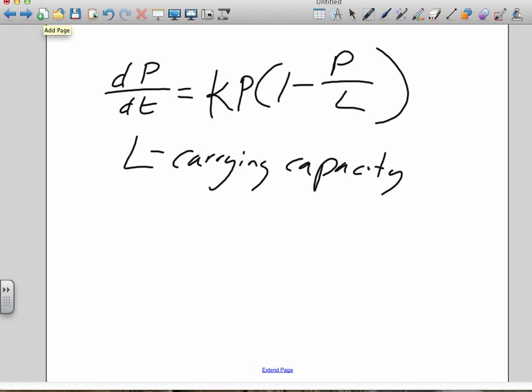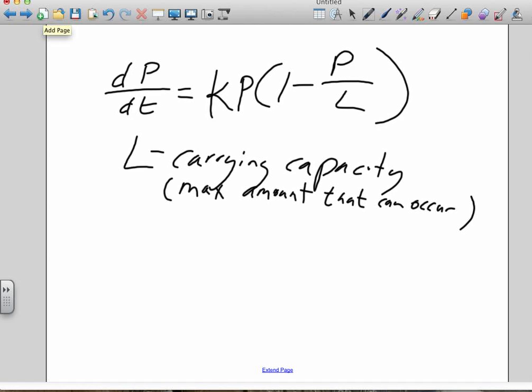Or in other words, this is the maximum amount that can occur. This avoids getting something dumb like 25 million ferrets in a 140-acre plot.